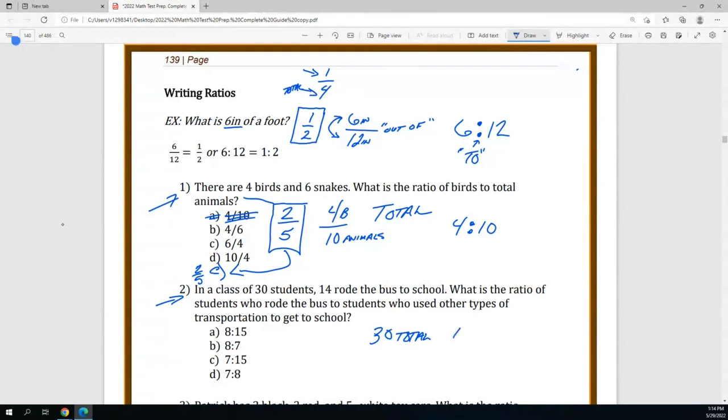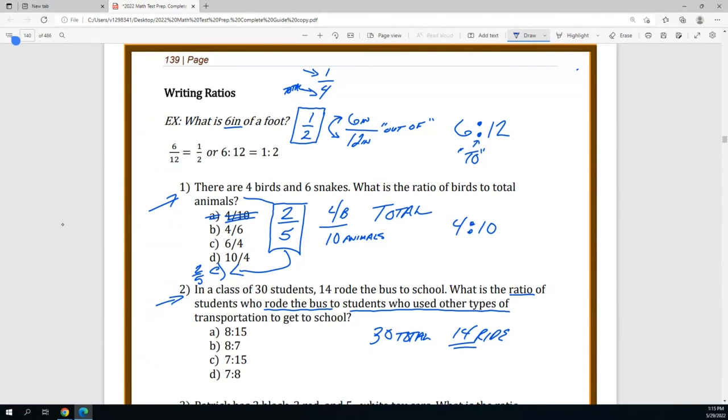They tell you that 14 ride the bus. Now, look at how they want you to build your ratio. They want the ratio of the students who rode the bus, which we already know is 14. But they want you to compare that to students who used something else.